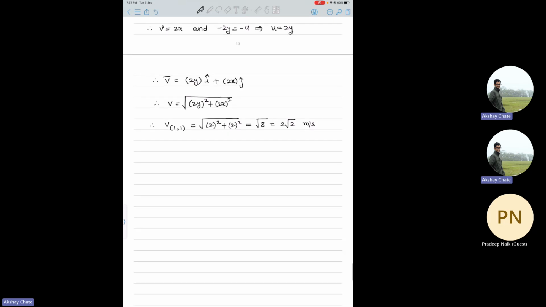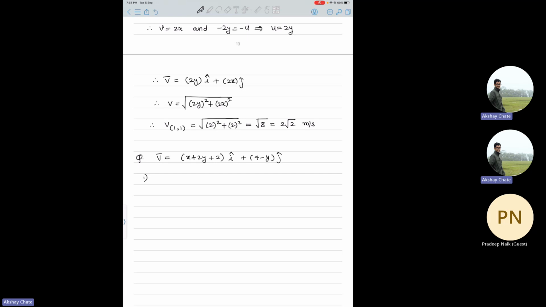This is quite interesting question. It is a multiple choice question, more than one option can be correct. They have given the velocity field as (x plus 2y plus 2) i cap plus (4 minus y) j cap.